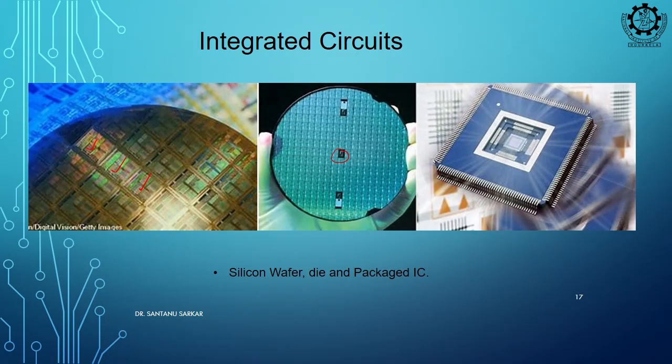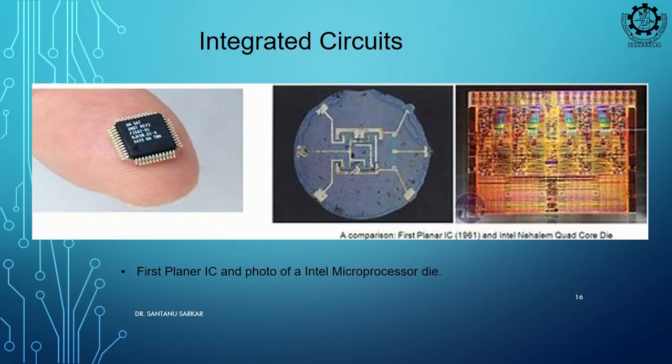Each one will make one IC, and they will be packaged. If you open up the package, you will see the actual silicon die at the center. So this is your planar IC.